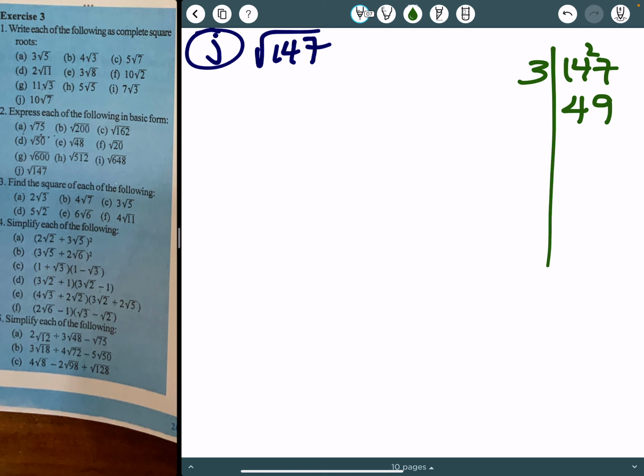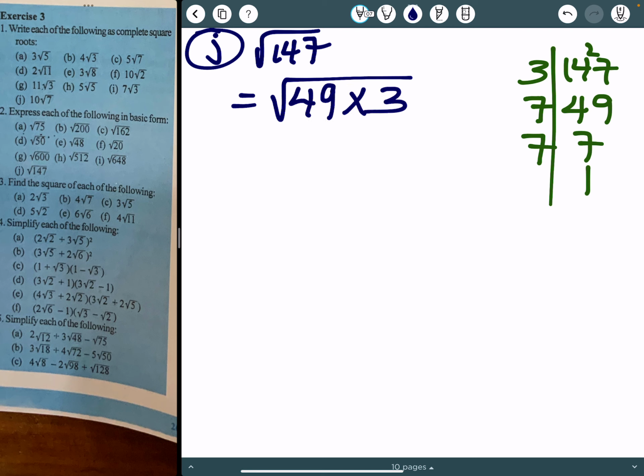The next number that can divide 49 is 7. 7, 7, 1. So that gives me 7 times 7 are in pairs. So that's 49 times 3. I'll write root 147 as root 49 times 3.